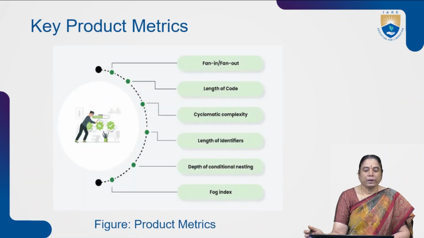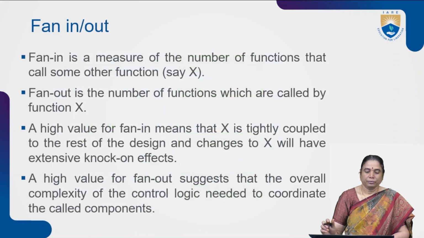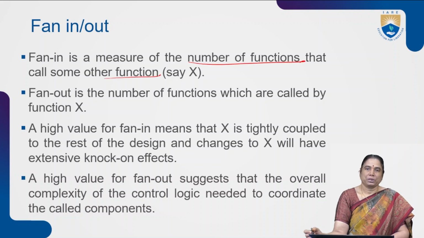The key product metrics are generally the fan-in, fan-out, length of code, cyclomatic complexity, length of identifiers, depth of conditional nesting, and fog index. Fan-in and fan-out measure the number of functions that call some other function.